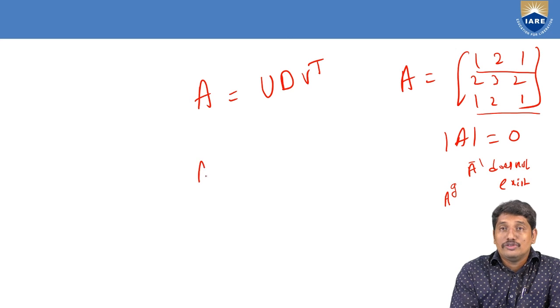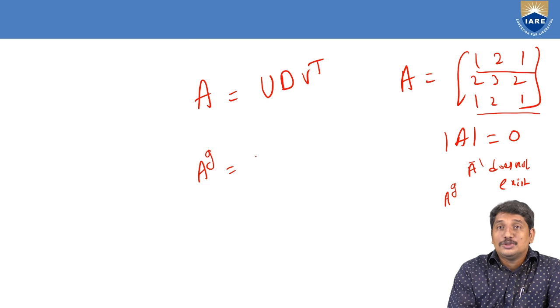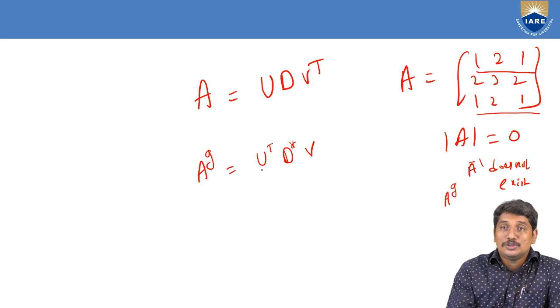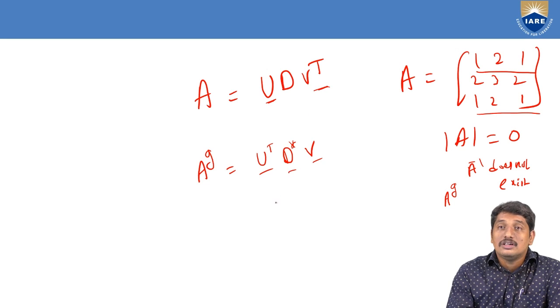Simple, the pseudo-inverse formula is given by V D star U transpose. What is the formula? V D star U transpose. U transpose means you have to transpose U, and V means you have to take V. What is D star? Let us understand what D star is.